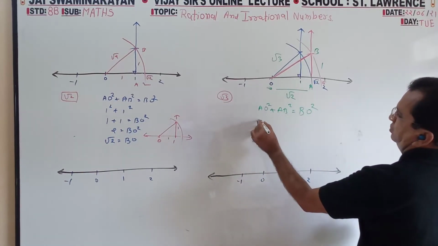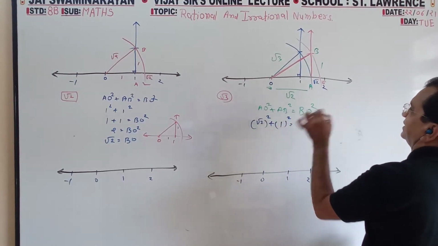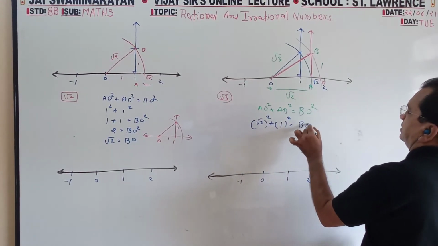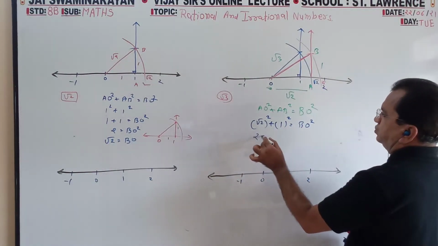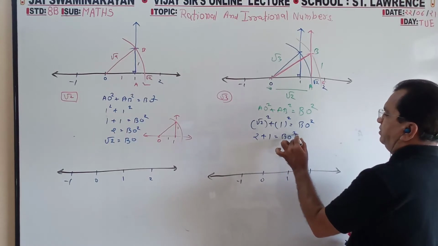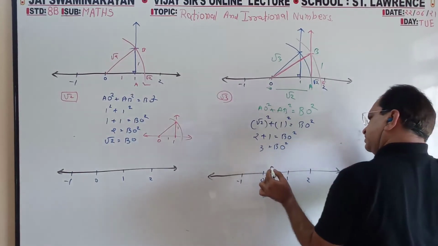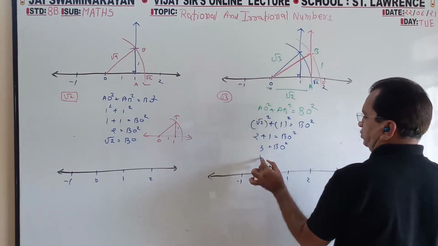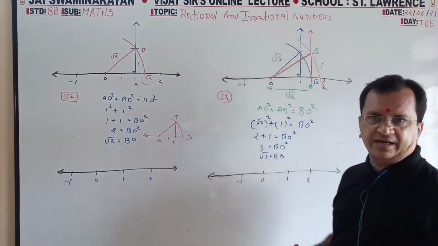AO square is root 2 square plus 1 square, equal to BO square. Root 2 square plus 1 is 3, equal to BO square. So root 3 is equal to BO. This is the diagram.